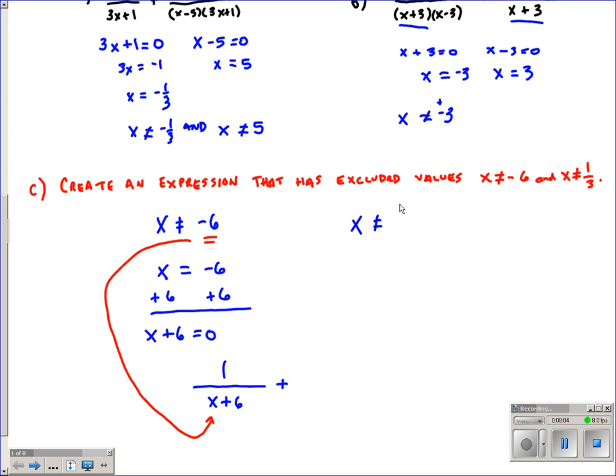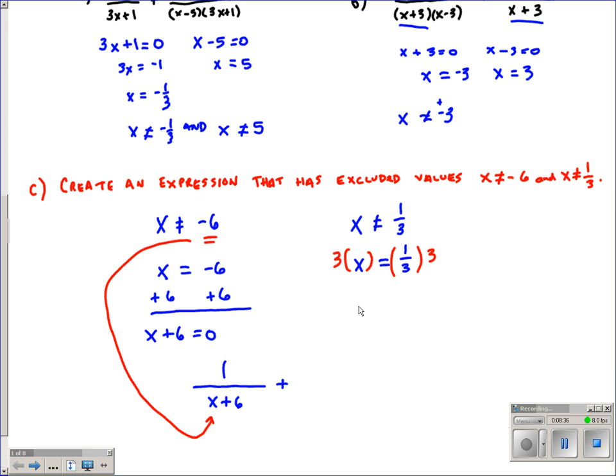So x cannot equal 1/3, which means we need to come up with a value for x that equals 1/3. So x equals 1/3. Well, there are different approaches you could take. You could subtract 1/3 from each side. I don't like leaving fractions in there, so I'm going to change my equation by multiplying both sides times 3 first.